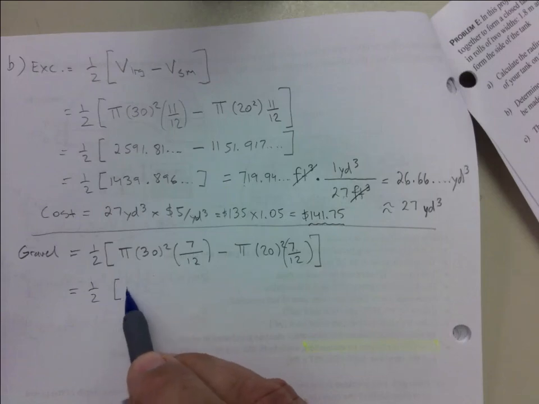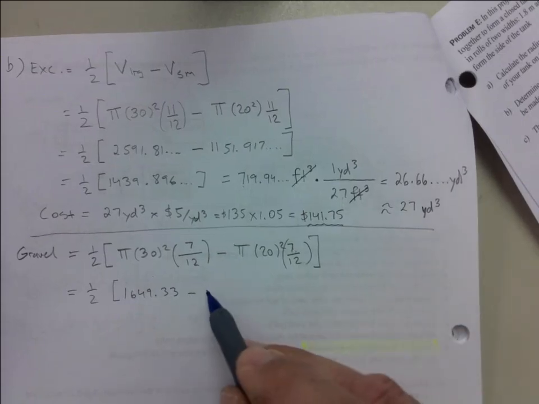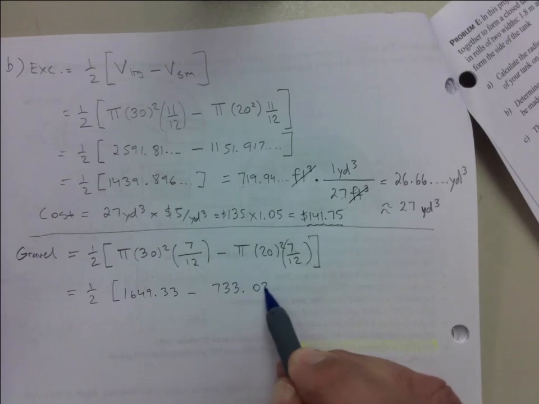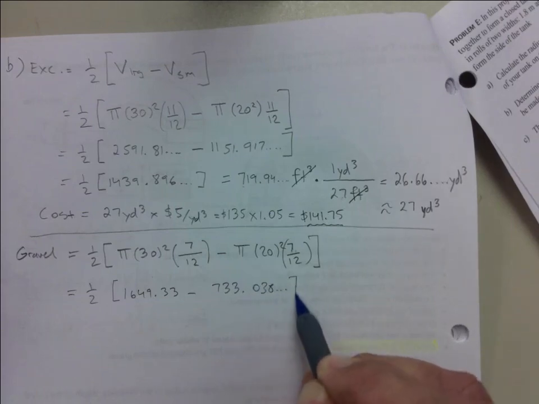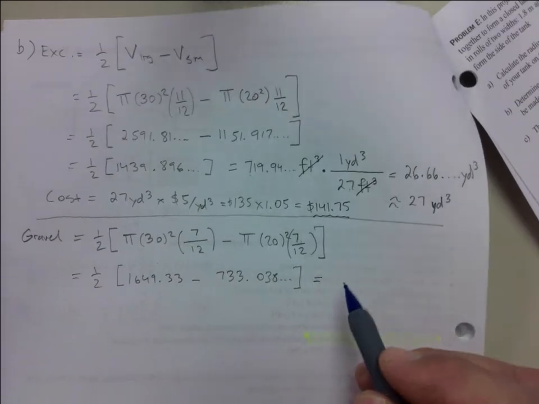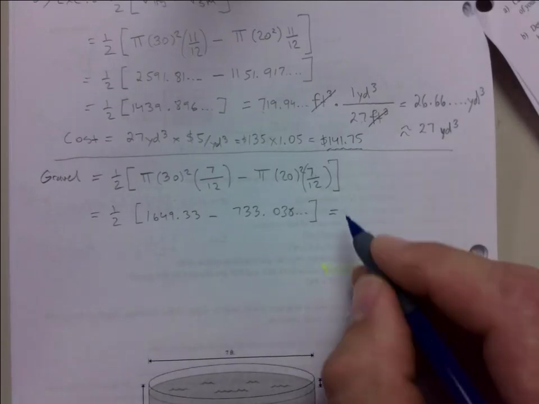This should be 1649.33 minus 733.038, which turns out to be, stay within, yeah.